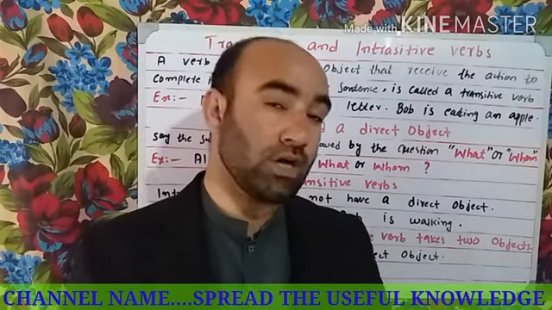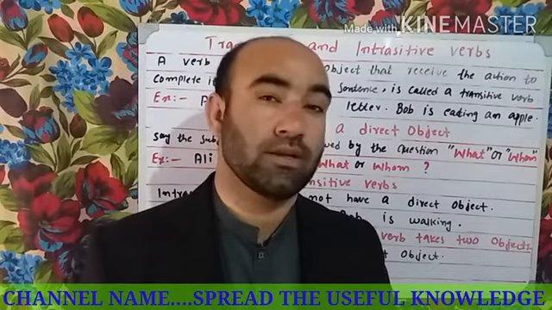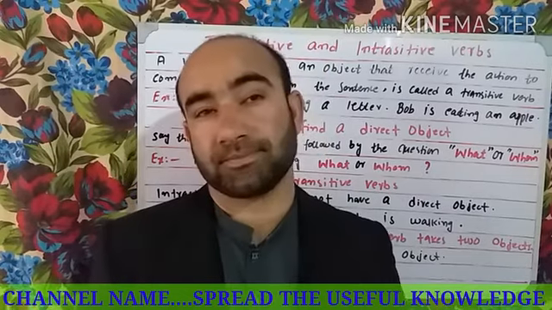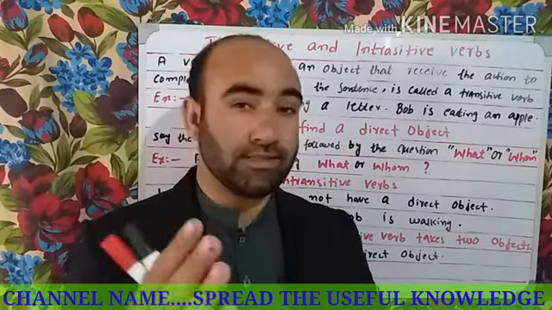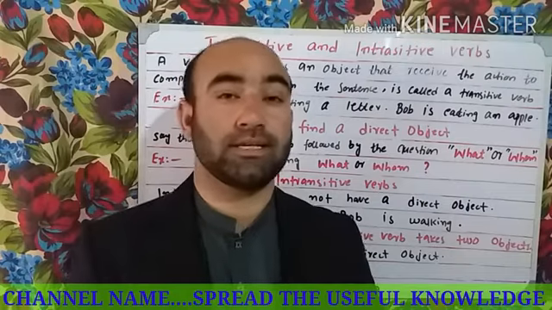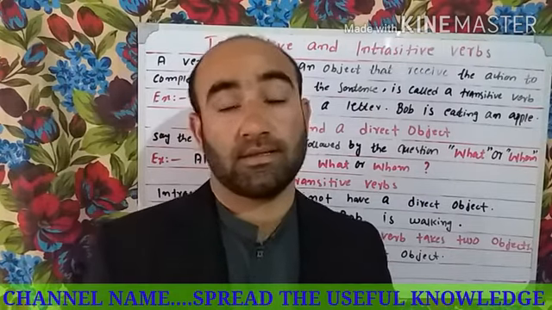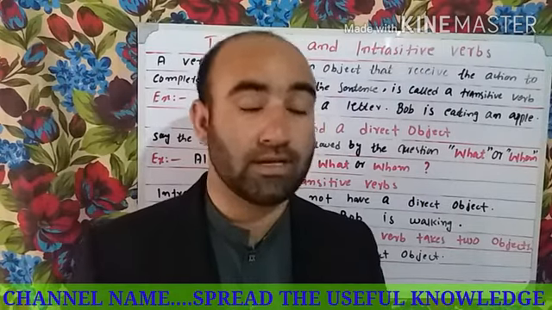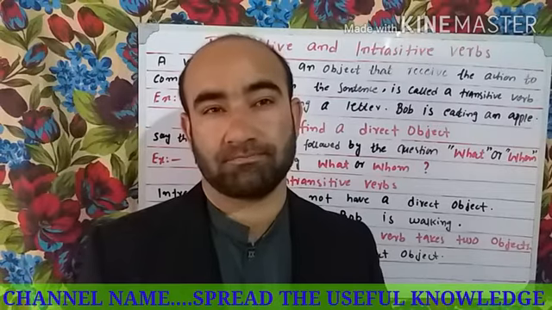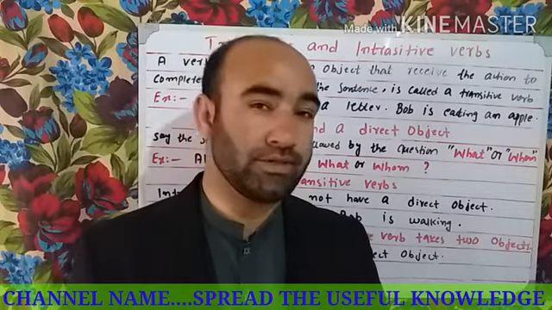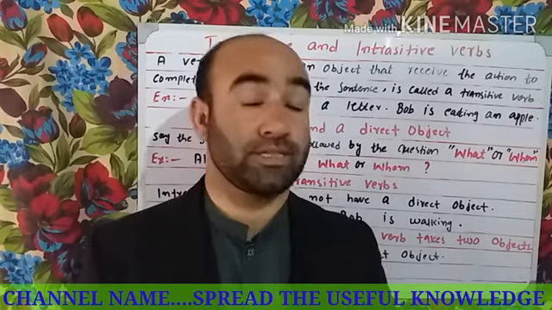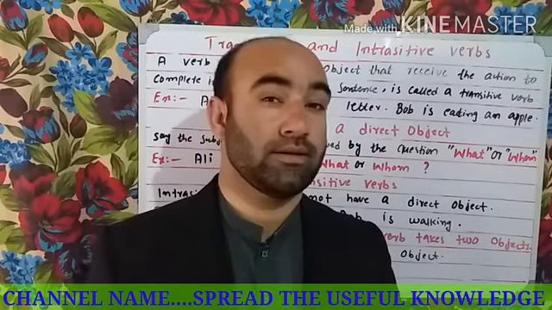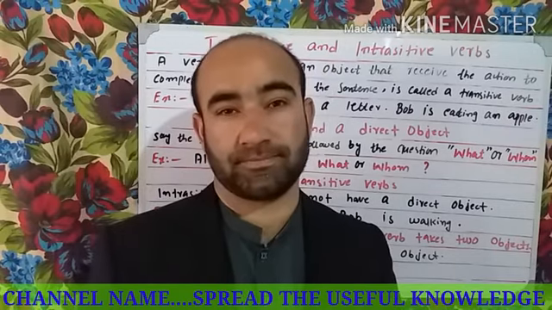Without the object, a transitive verb does not give us a complete meaning, a complete sense. We must use the direct object with the transitive verb.